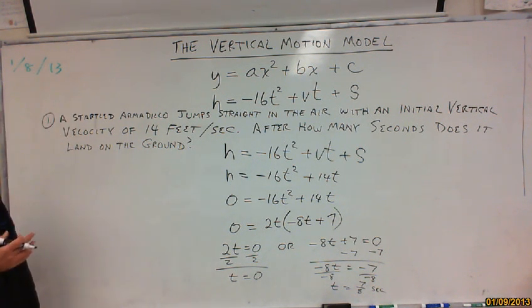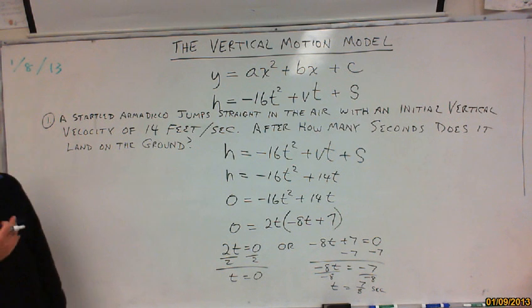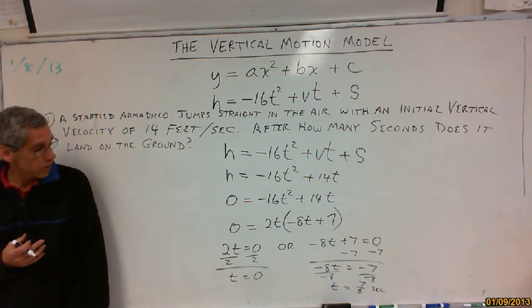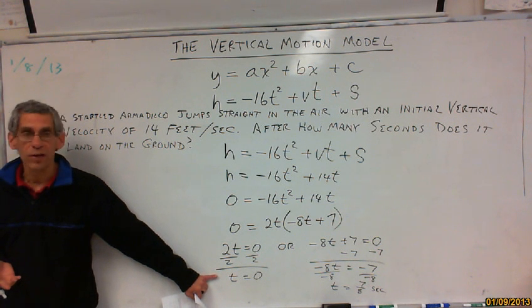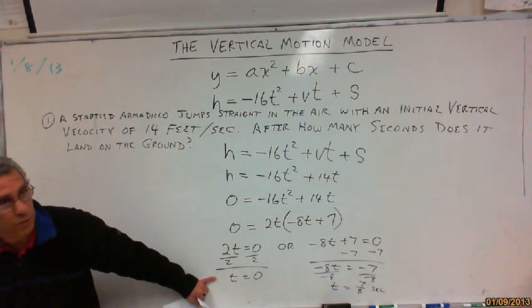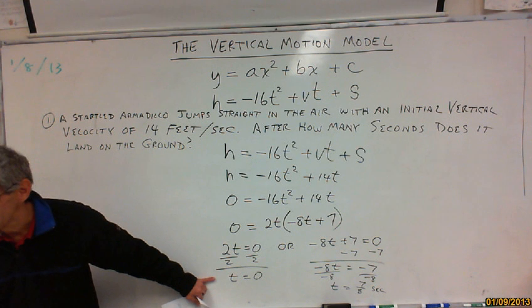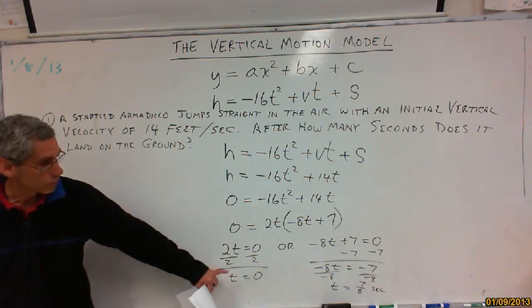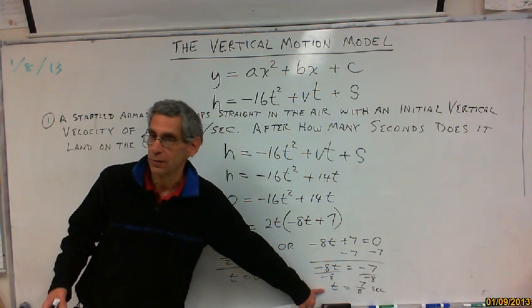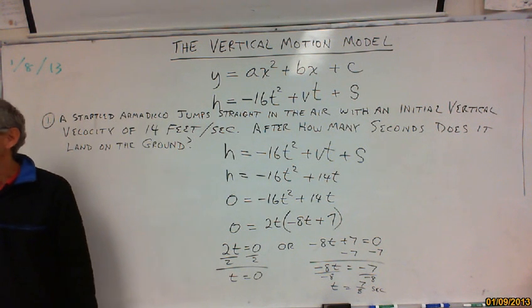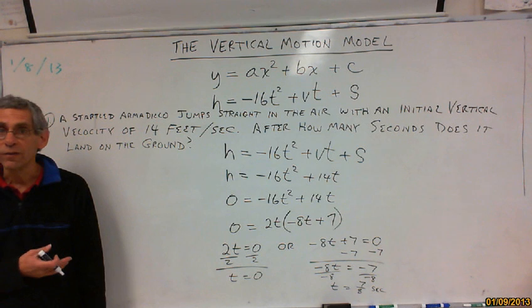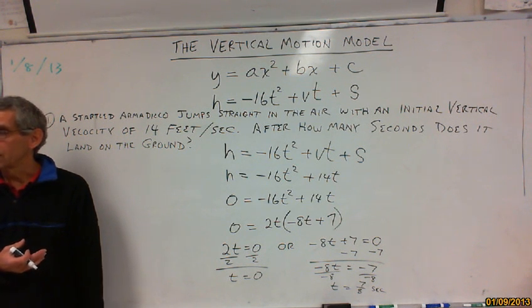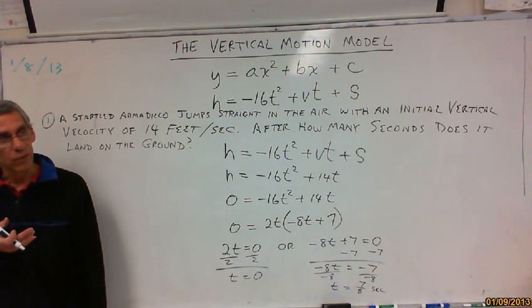Well, let's look at the question. It says, after how many seconds does it land on the ground? Which one can it not be? 0. That was what it was just before he jumped, right? It can't be 0, so it's got to be this one. So with quadratics, when you solve for zeros in real life situations, one of them is going to be correct, and you've got to use logic to figure out which one.